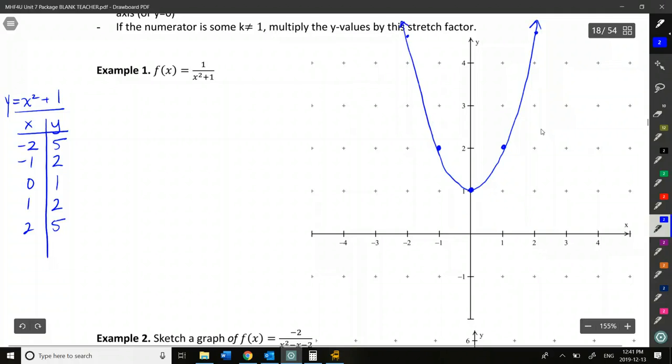Okay, now this is not the graph of f of x. So this is just the graph of the function that's in the denominator of f of x. But I want to just graph this just this time, so at least you guys can kind of see what we're doing when we reciprocal some of these values.